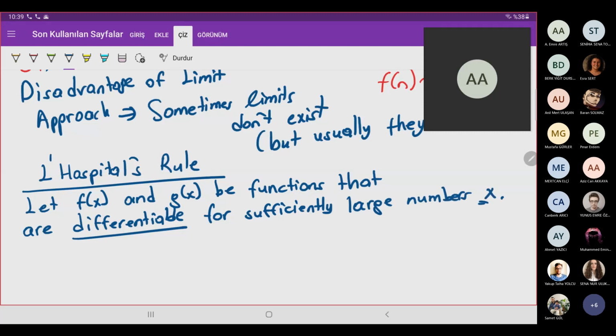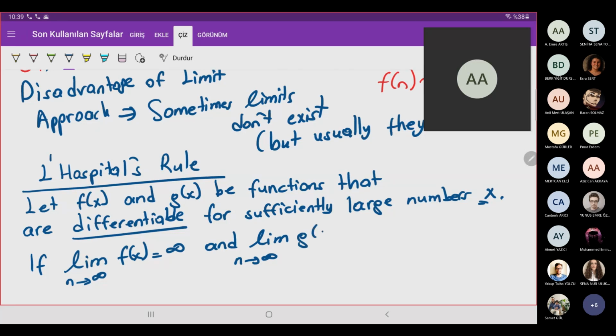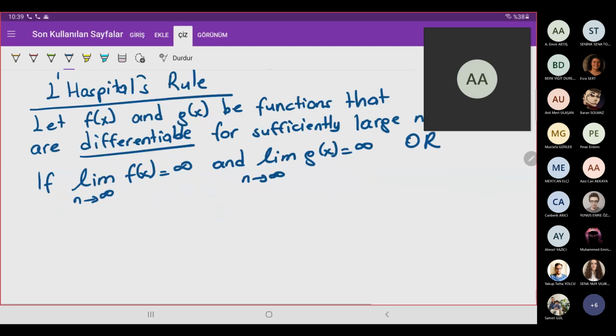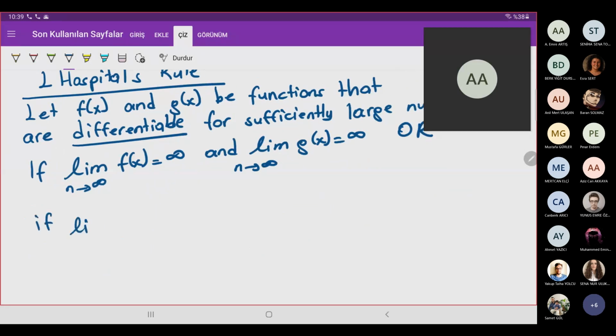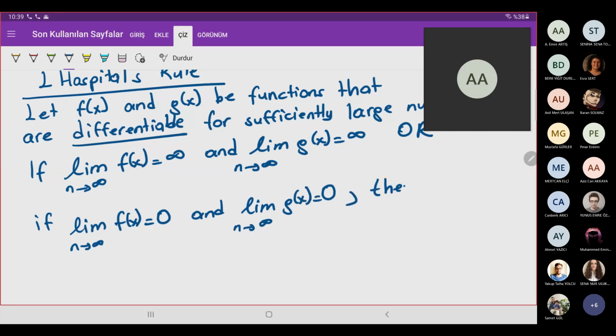If limit as n goes to infinity, f(x) is infinity, and limit as n goes to infinity, g(x) is infinity, or if limit as n goes to infinity, f(x) is 0, and limit as n goes to infinity, g(x) is 0, then we have the following result.